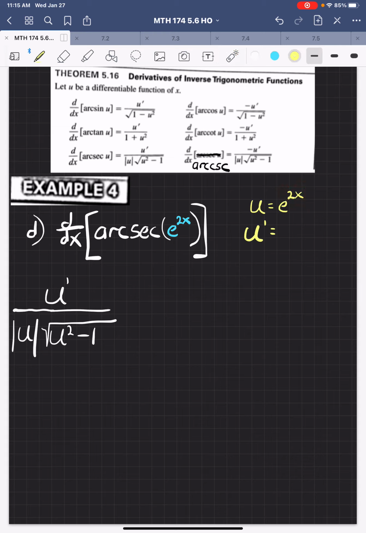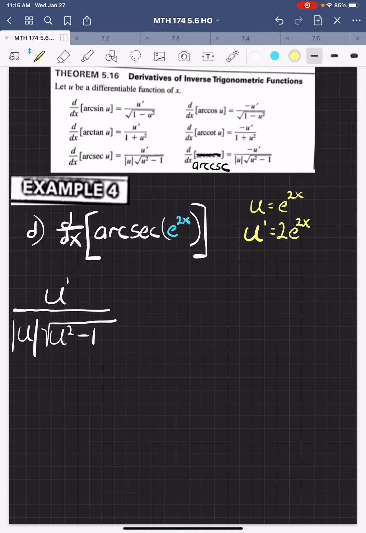If you need to go back and revisit the previous video on that, feel free to, but hopefully this information is pretty readily available from your memory. So u prime would be 2e to the power of 2x, right? That's just e to the u times u prime.